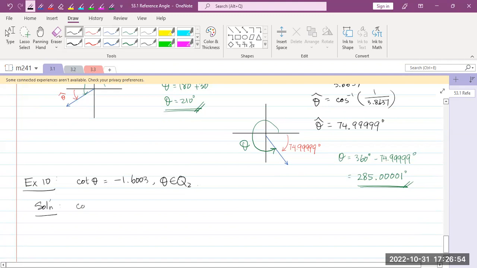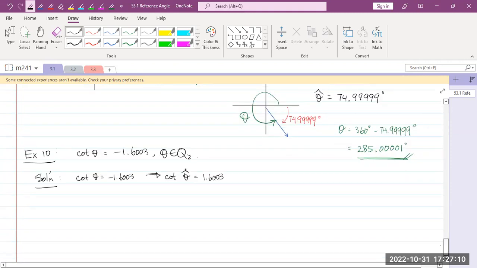Well, cotangent theta equals that number. So the cotangent of the reference angle must be the same number but positive. Now, cotangent of that reference angle is the reciprocal of tangent of the same reference angle. But if I do reciprocal on the left-hand side, I also do reciprocal on the right-hand side.